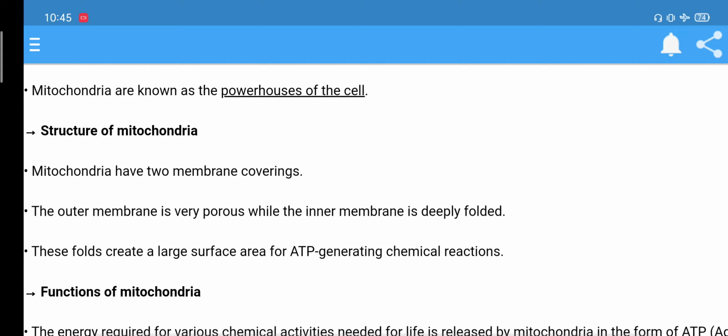The outer membrane is very porous while the inner membrane is deeply folded. The outer membrane is porous, which means it allows some materials from outside. These folds create a large surface area for ATP-generating chemical reactions.